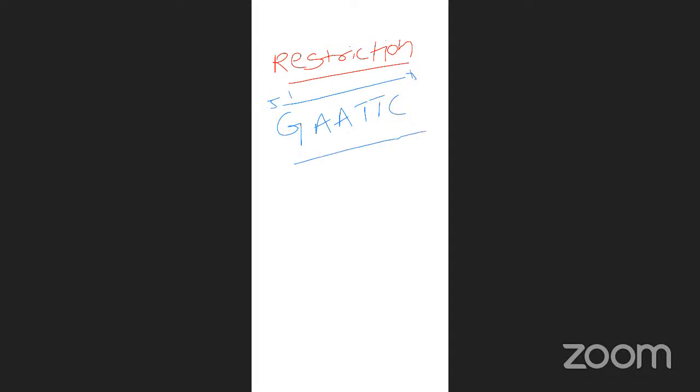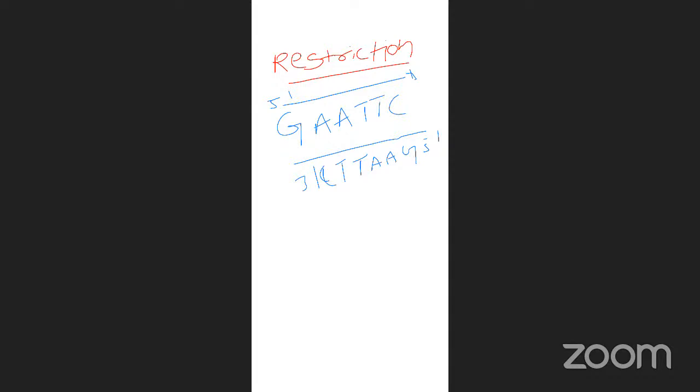And the anti-parallel strand, also in the 5' to 3' direction, right? If you read this direction, G, A, A, T, T, C. You can read forward and backward, same sequence, right?